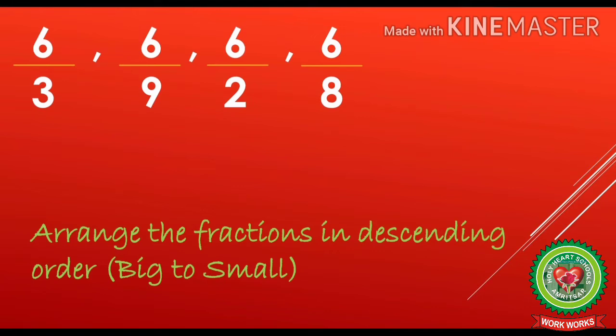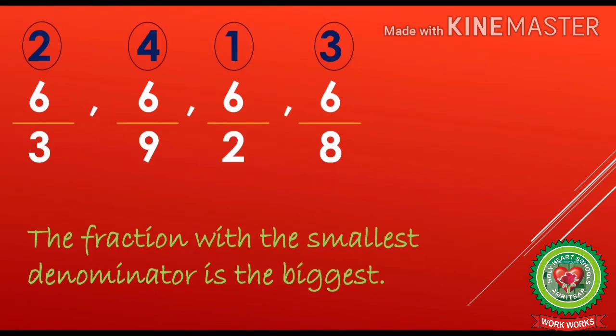We have to arrange these fractions in descending order, that is from biggest to smallest fraction. As we know, all the numerators of these fractions are the same, so the fraction with the smallest denominator is the biggest fraction. So, which fraction has the smallest denominator?